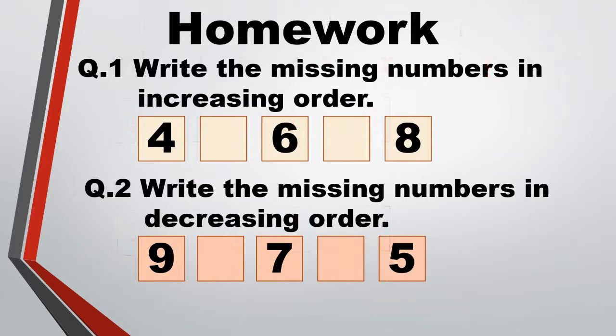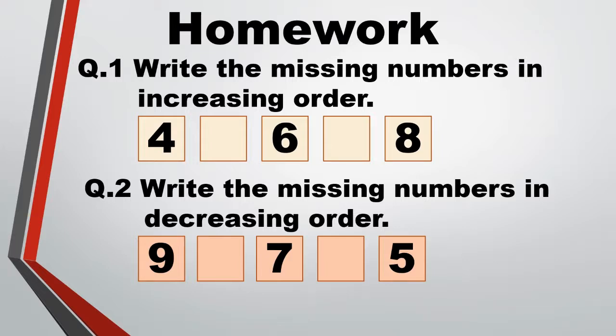Now your homework is question number 1. Write the missing numbers in increasing order. Means smallest to the greatest. Question number 2. Write the missing numbers in decreasing order.